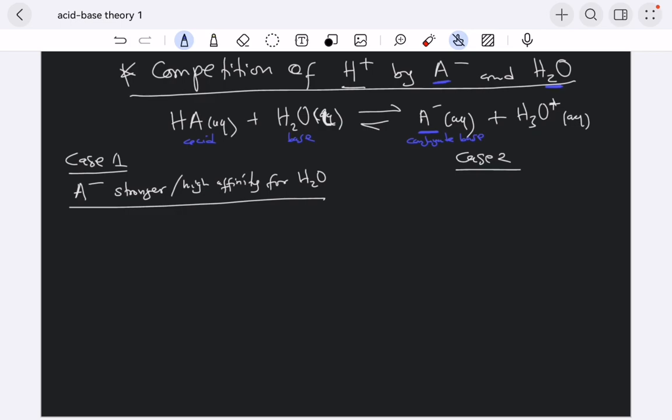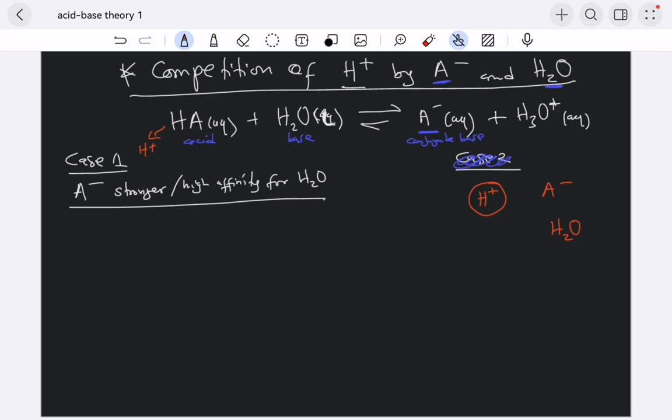Maybe before I even talk about case 2, what is happening in this solution is a competition for the proton. The proton that will be produced, there will be competition between this conjugate base and the base. Which one is going to react with the produced proton to decide the shift or the position of equilibrium? This is happening at equilibrium.